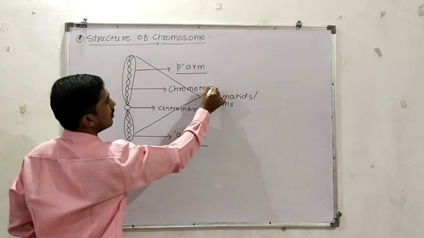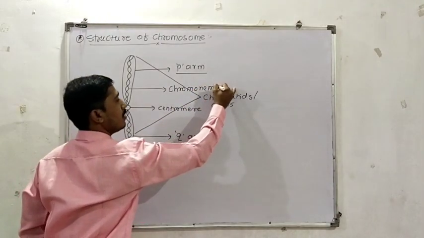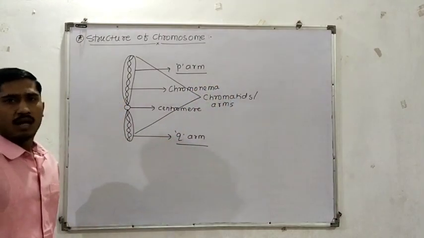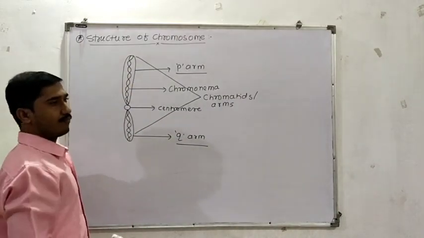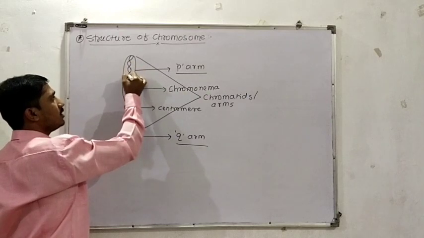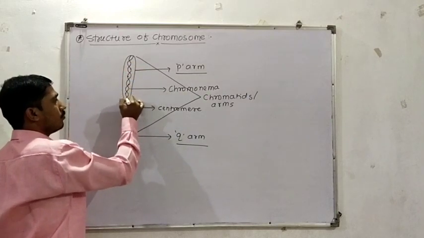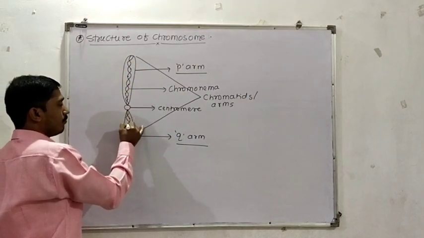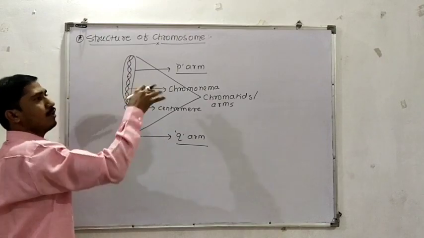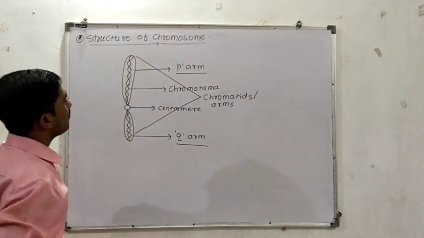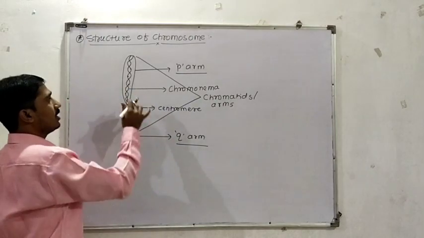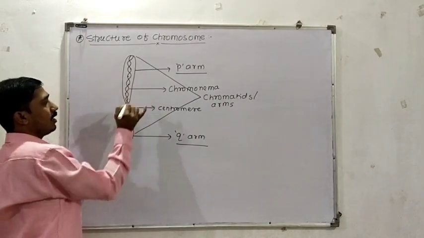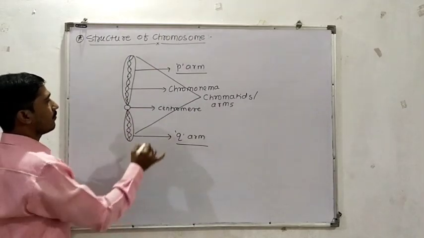chromonema. This part is called chromonema. And all of you know DNA consists of genes. With respect to this chromosome, one out of 46, this part which consists of genes, I have shown with bead-like structures.